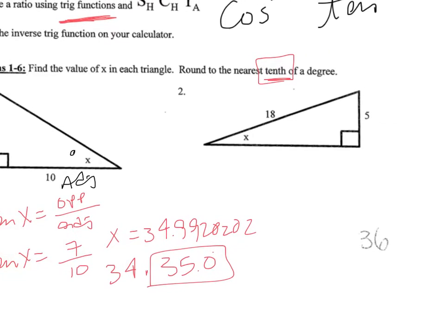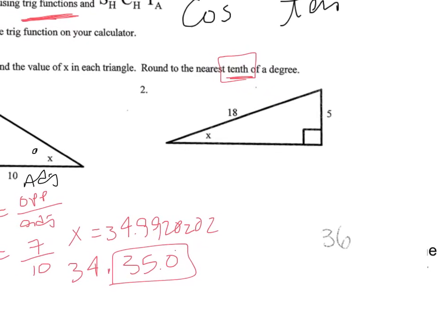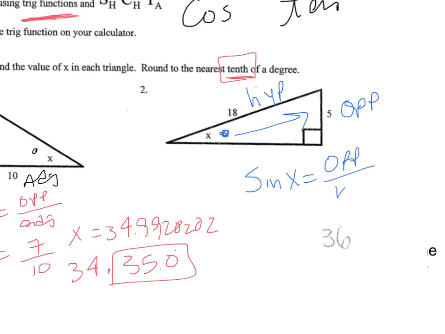Moving on to question number 2. We are going to pretend that we're standing here, and this is my opposite side, and this is my hypotenuse. So I'm going to use sine. Sine of x is equal to opposite over hypotenuse, so sine of x is equal to 5 over 18.